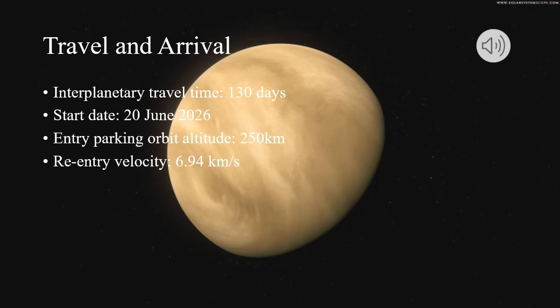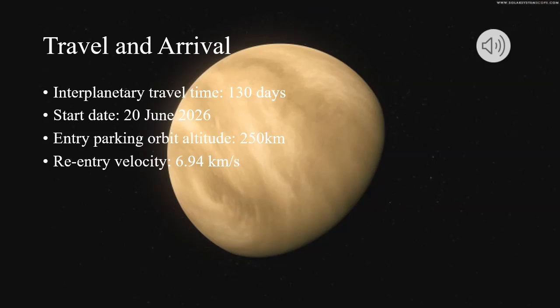In order to perform our descent onto the Venus atmosphere, we should first take into consideration the interplanetary travel. So we checked NASA websites for data about the interplanetary travel time and the start date, and we found that it will take approximately 130 days if we launch our module from Earth on the 20th of June 2026.